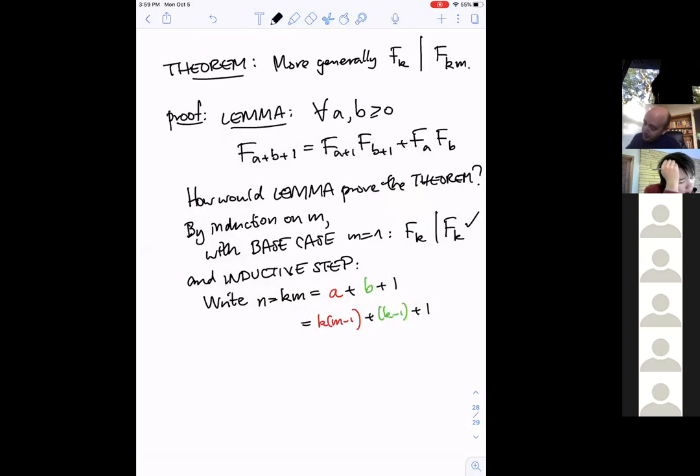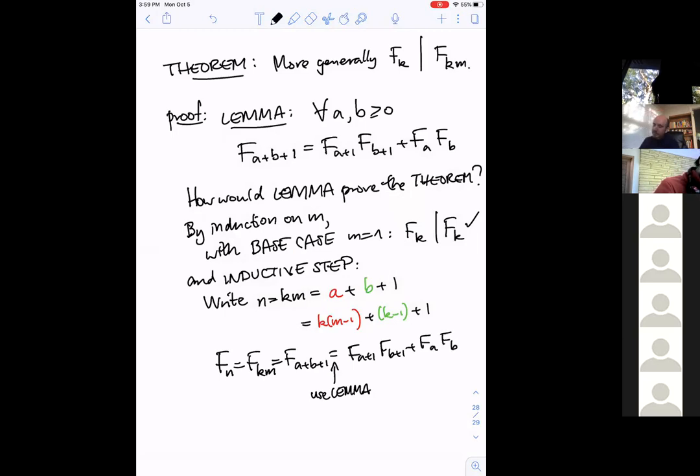And then what am I trying to say? Fn, which is Fkm, is F of a plus b plus 1, if we believe the lemma. So this is what I'm saying: use the lemma, and write it as F(a plus 1) F(b plus 1) plus F(a) F(b).